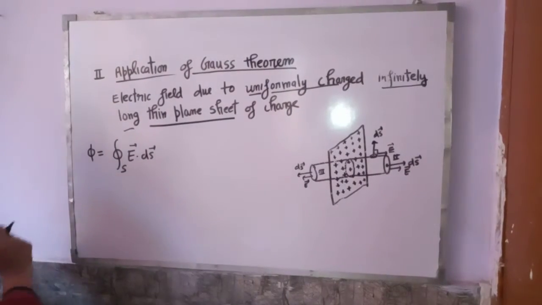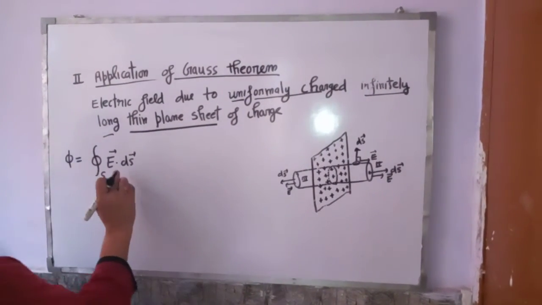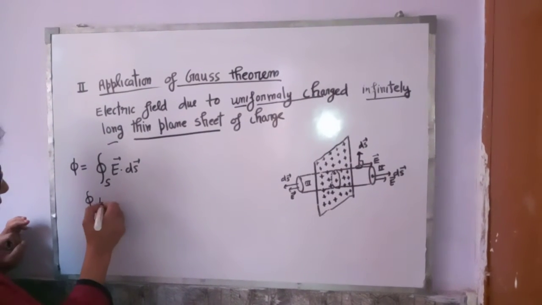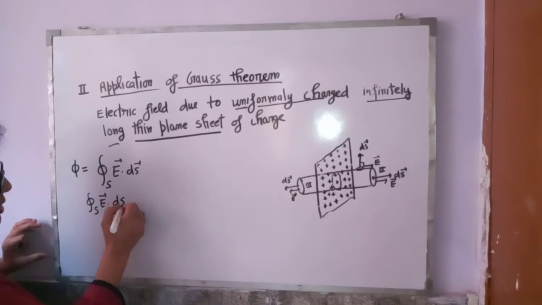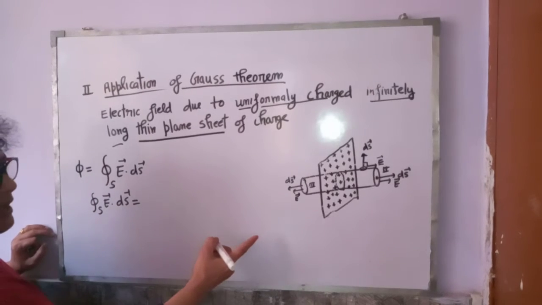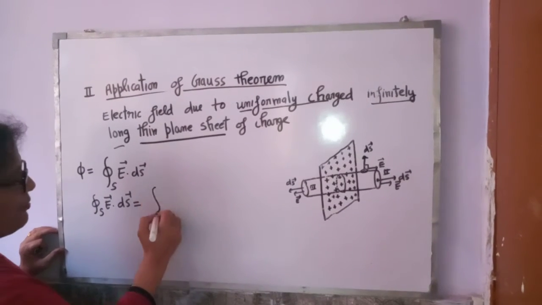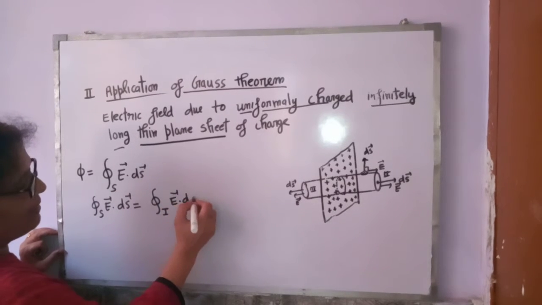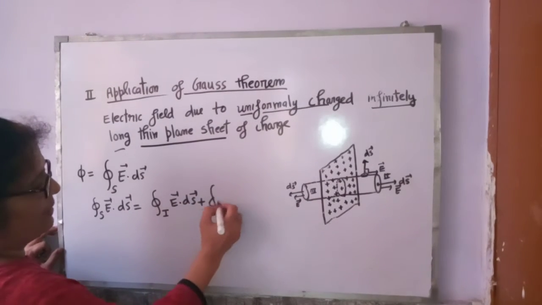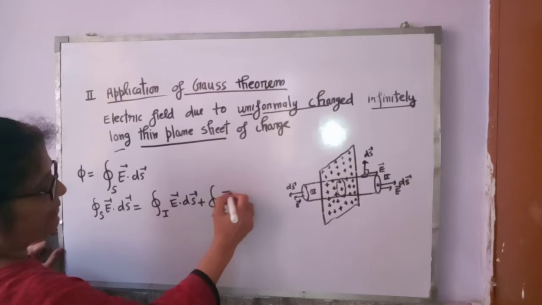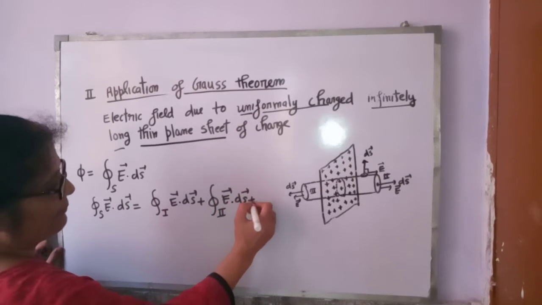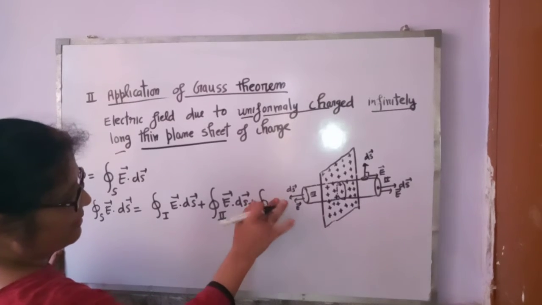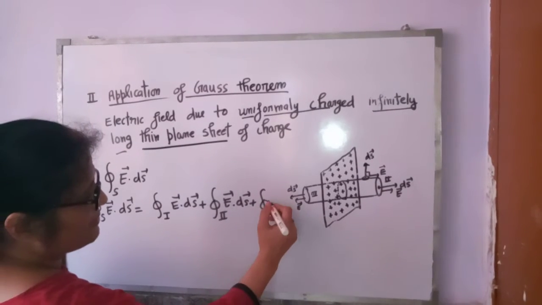Now, you can divide this E dot dS, as in the previous one, into three parts: first part, then second part, then third part.